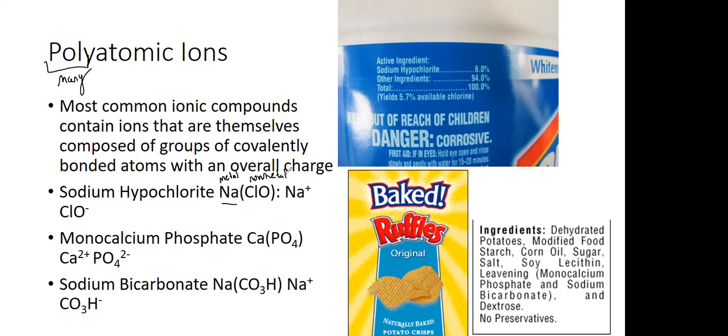That's not always the case. You could also write sodium hypochlorite as NaClO without the parentheses, and that would be fine too. So the rule of thumb is, if you see a metal and then following that metal is a bunch of nonmetals, you can safely assume those nonmetals are in a covalent compound.